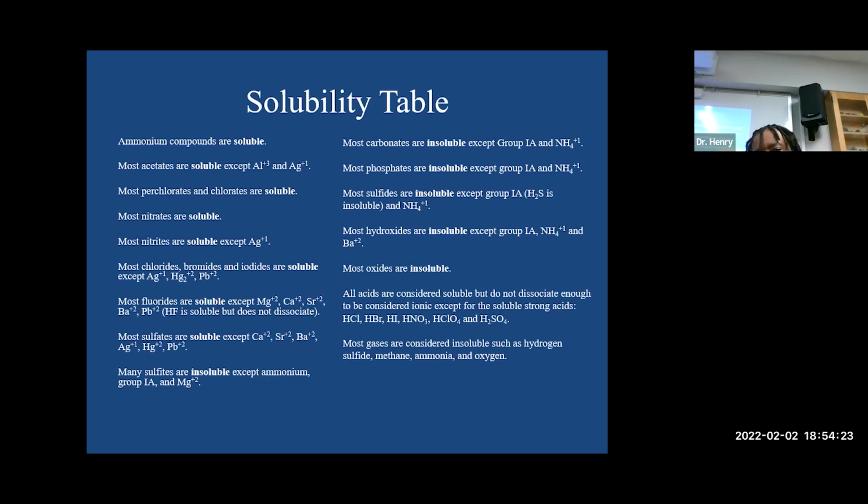Sulfides are going to be insoluble except for group 1 metals and ammonia. Most hydroxides are insoluble except for group 1 metals, ammonia, and barium if we add a little bit of heat, barium hydroxide.